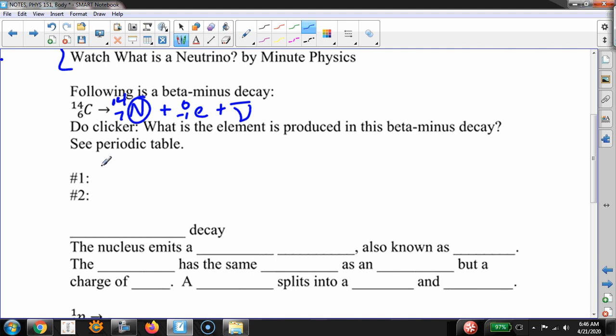So I have 14 is equal to 14 plus 0 plus 0. So this neutrino has 0 mass as well. And then as far as my number of protons, I have 6 equals 7 plus my -1, looking at my beta minus particle.